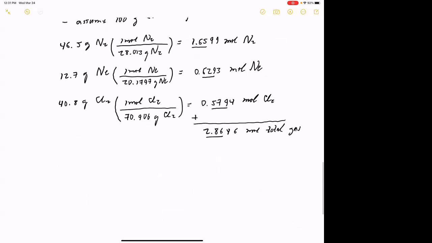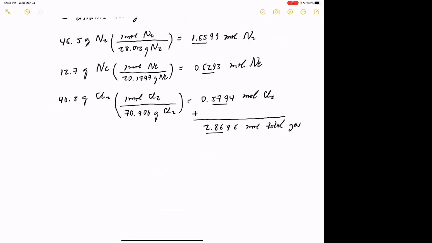I can use a simple gas law here. Which gas law do I want to use? What's the one that relates pressure and number of moles? Anybody remember? Avogadro's. You got it. Okay, so we want to use Avogadro's law.